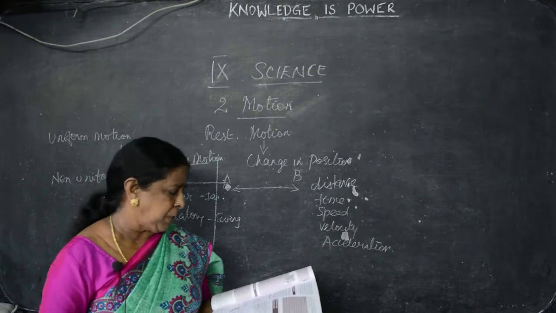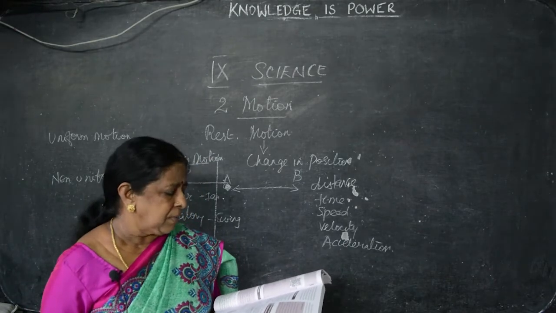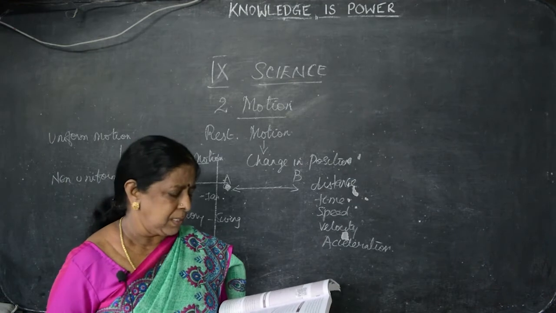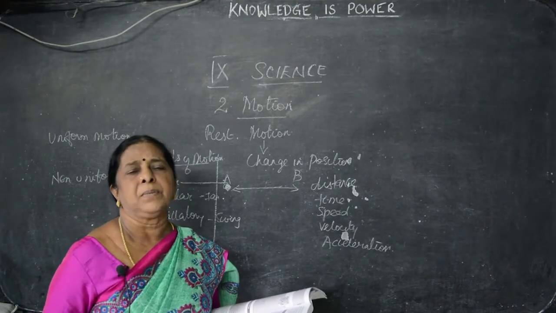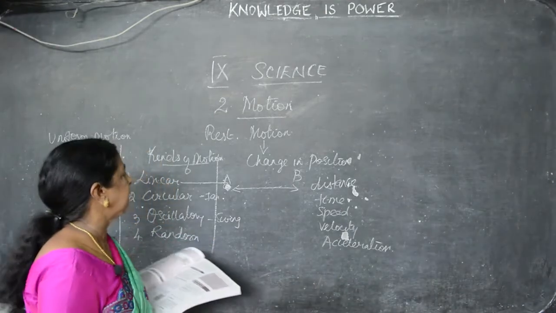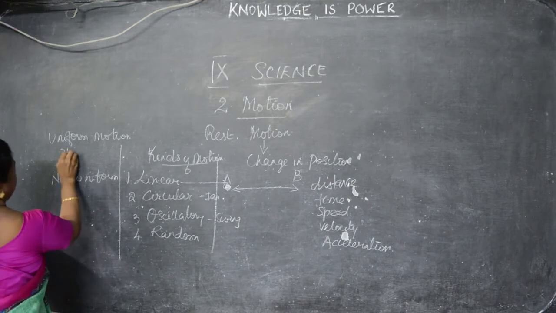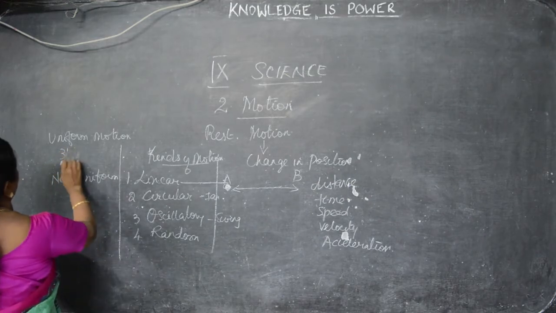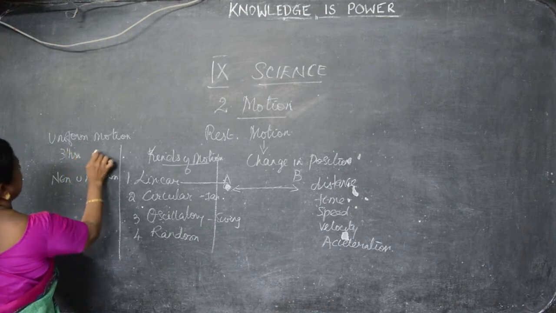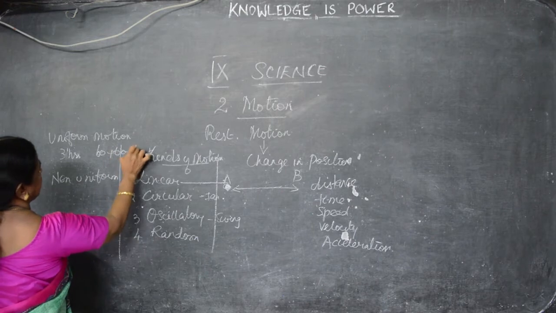For example, in your book it is given a car. A car covers 60 km in the first hour, 60 km in the second hour and 60 km in the third hour. How many hours does it go? 3 hours. In the first hour 60, second hour 60, third hour 60 kilometers.